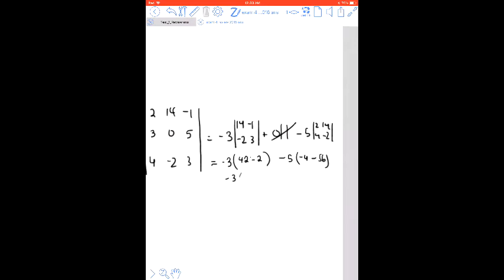So negative 3 times 40 minus 5 negative 60 plus negative 120 plus 300. That's 180.